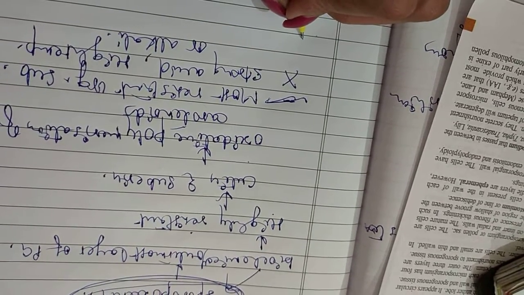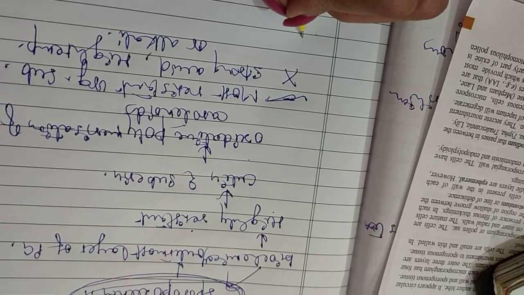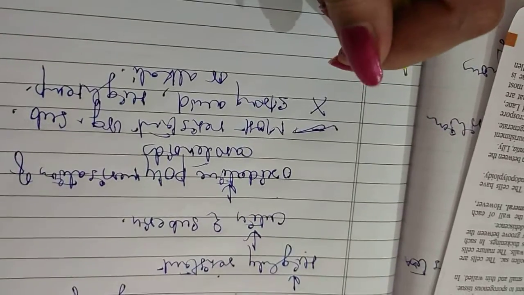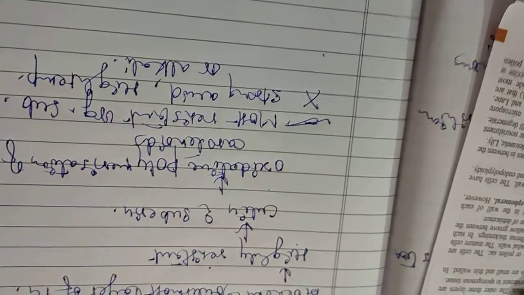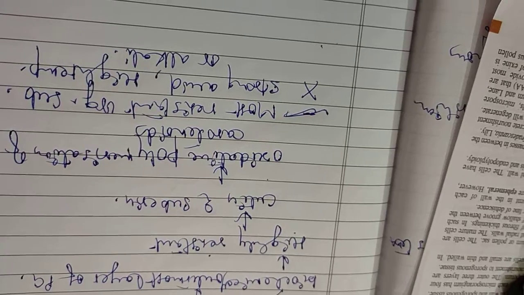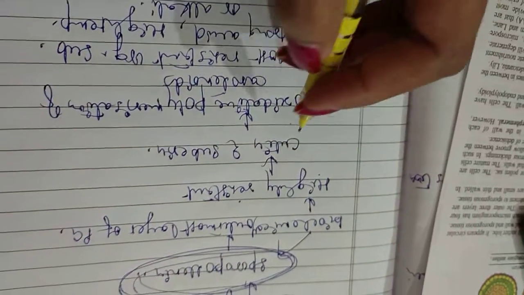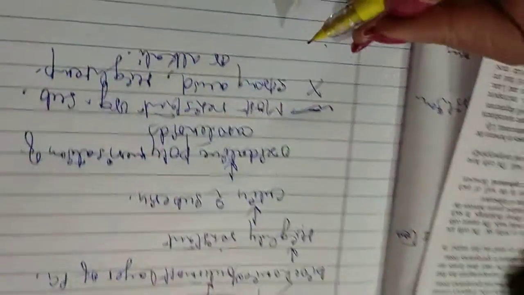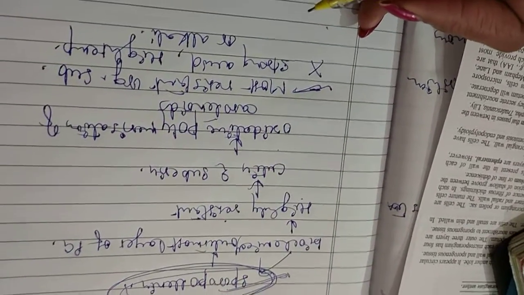Because of the presence of sporopollenin, the pollen grains of earlier plants, or you can say past plants, are well preserved as microfossils. So this is very important, and you have to remember this point because it has been asked in examination.